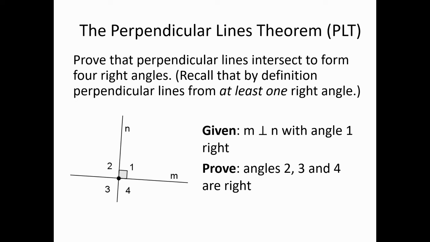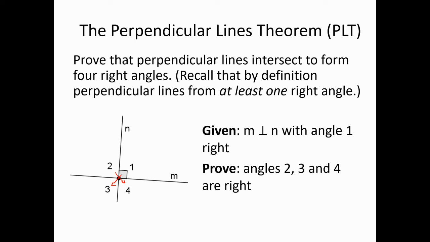There's another way to do it as well. That also uses linear pairs, but only once, and then uses something else. So let us say that we prove that angle 2 is a right angle because it forms a linear pair with the right angle 1. Well, what's the relationship of 1 to 3 and 2 to 4? They're vertical angles, of course, right? And what do we know about vertical angles from the vertical angles theorem?